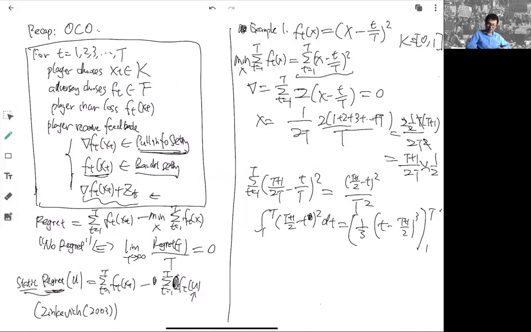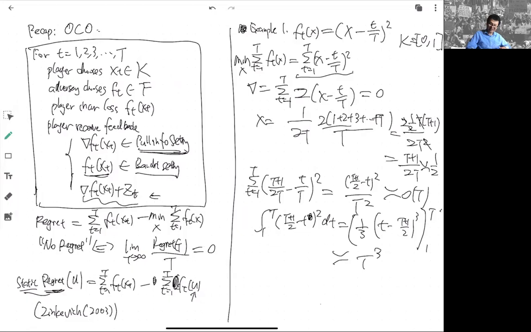So clearly when you set this to be 1, this is negative. When you set this one to be t, this is positive. So we get something that's proportional to t cube, and dividing that by t squared says that the optimal cumulative objective function is order t.